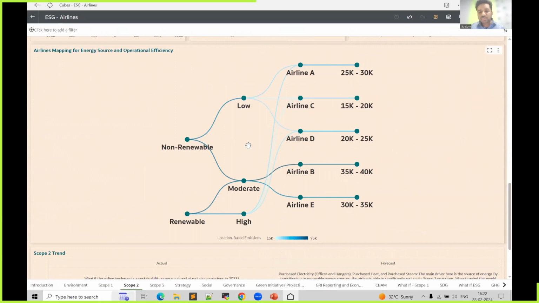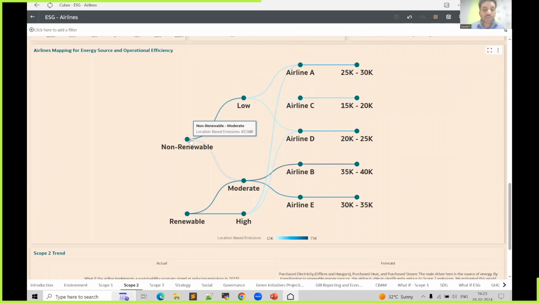So for example, in this specific visualization, I'm highlighting that for my renewable energy, there are two airlines primarily being used, and their operational efficiency is high as well as moderate. But most of my airlines are on the low operational efficiency side because they are using more non-renewable energy.